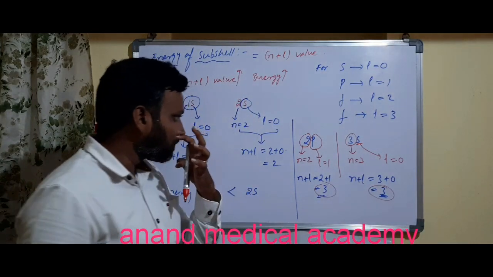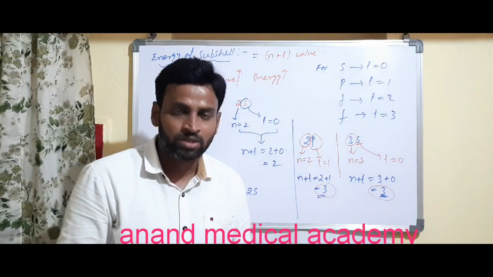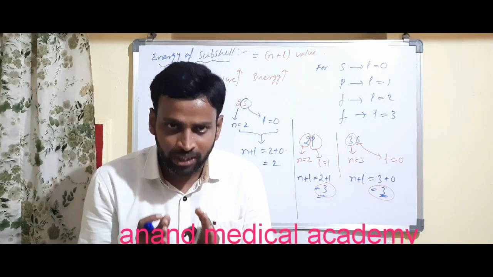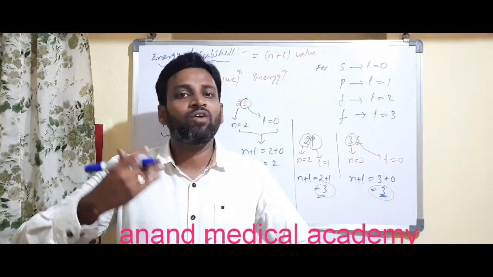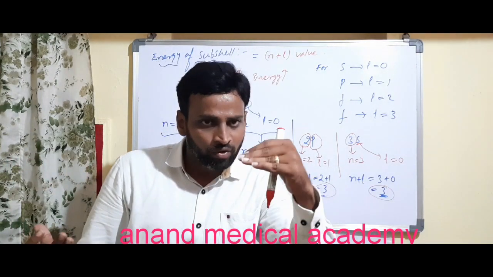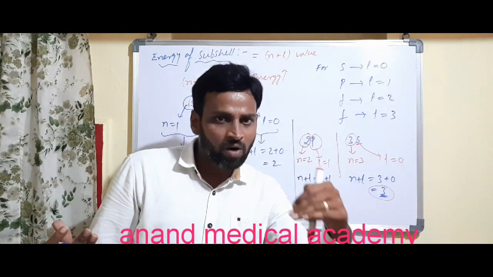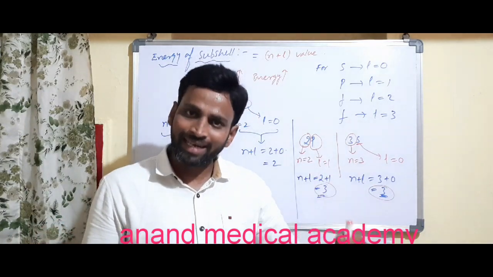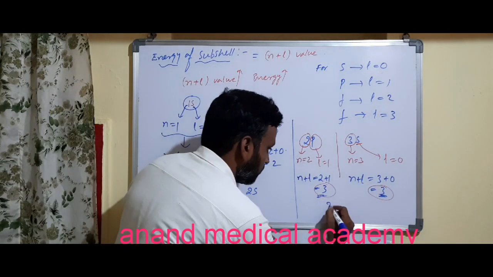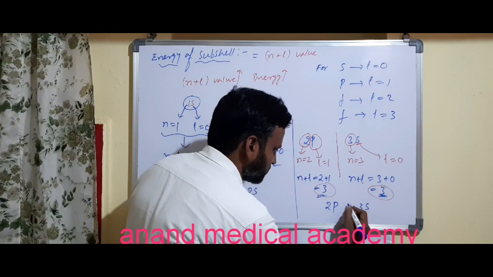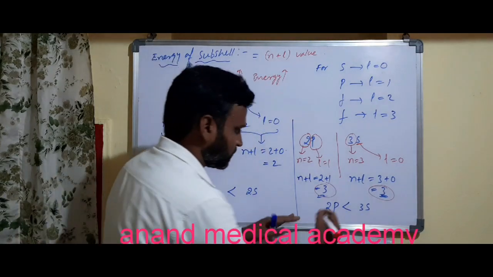Now you have a question of which has more energy, and it's very clear. The subshell with the higher n value will have more energy. The subshell with the smaller n value will have comparatively less energy. If you compare 2p and 3s, certainly 3s has more energy.